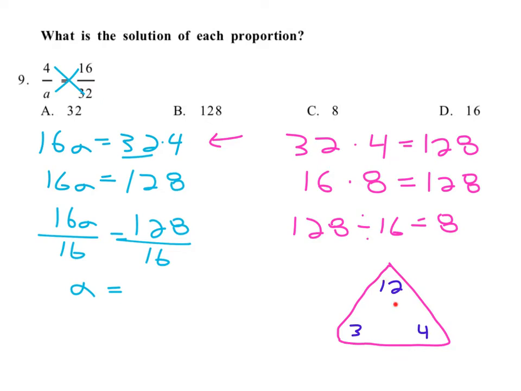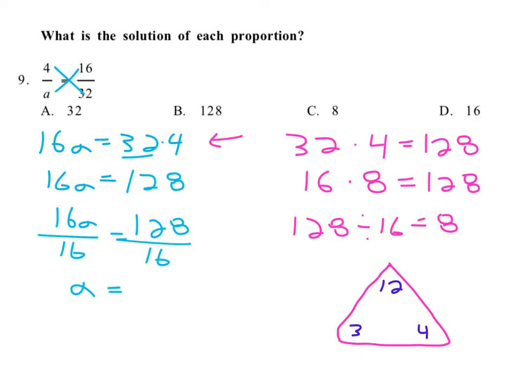What is 12 divided by 3? 4. What is 12 divided by 4? 3. Any two numbers that multiply together to get a third number, you can divide that third number, the product, by one of these multiplicands, one of the numbers you're multiplying, and get the other one.